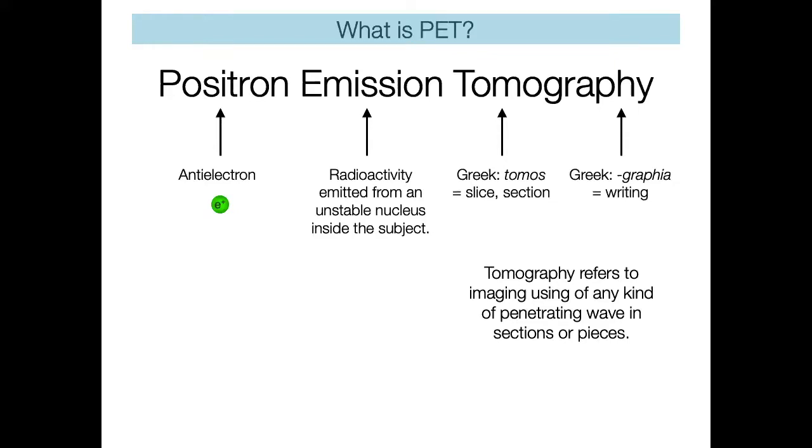It has the same charge, but a positive charge compared to the electron. Emission means really that any radioactivity is emitted from an, in this case, unstable nucleus. And tomography comes from Greek words tomos and graphia, which really means imaging a slice or section of the body in this case.